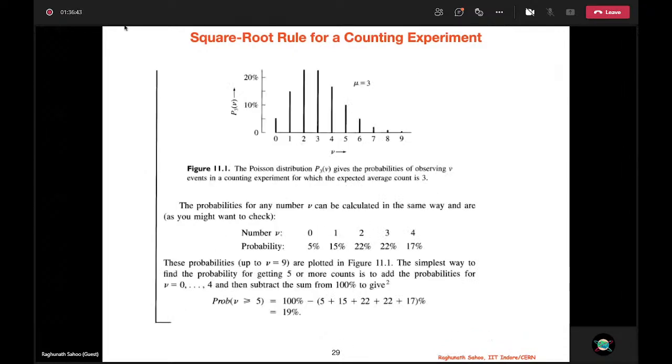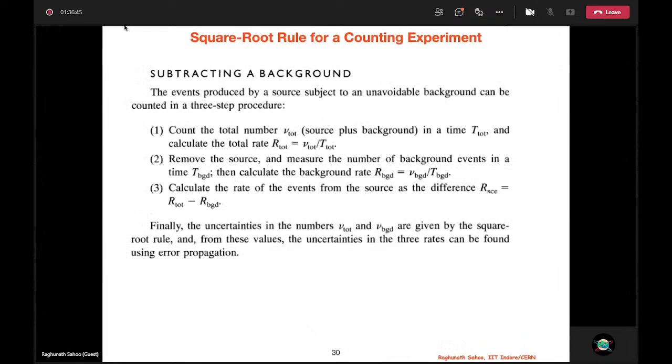So let me go quickly to subtracting background, because sometimes you are making a nuclear experiment with a radioactive source in your laboratory, with, for example, gamma rays, beta rays, or alpha rays, depending upon the source.